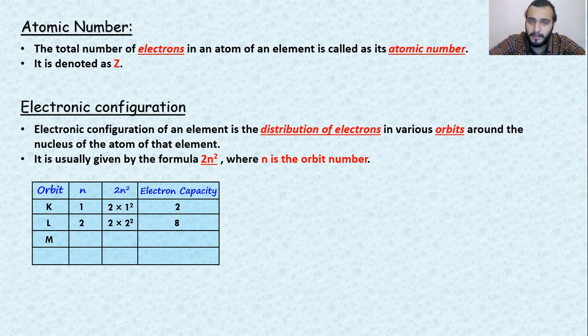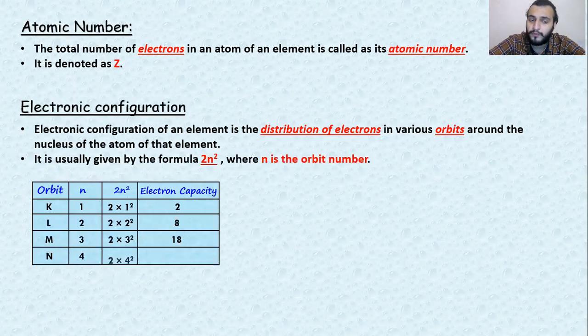Similarly, the third orbit, whose name is M, n equals 3. So it is 2 into 3 square. Again, 3 square is 9 and 9 into 2 is 18. The capacity of the third shell is 18 electrons. And finally, the fourth shell is the N shell, where in 2n square the value of n is 4.